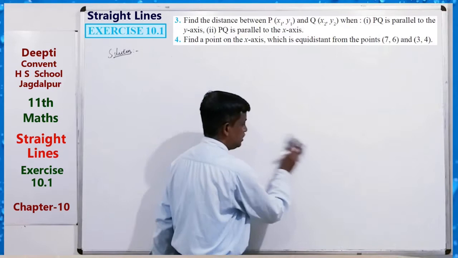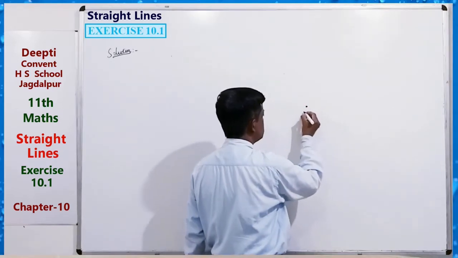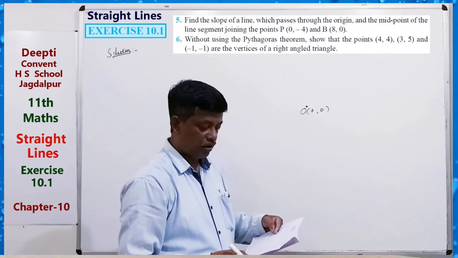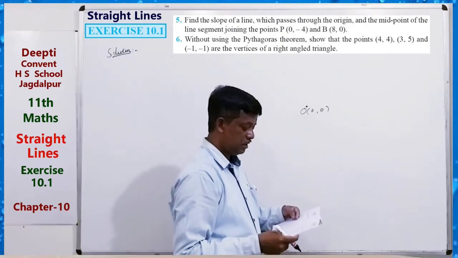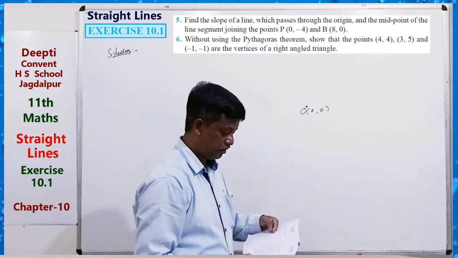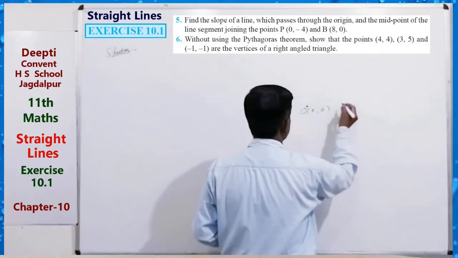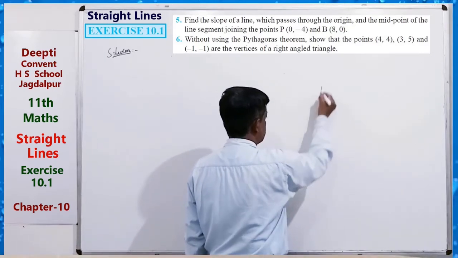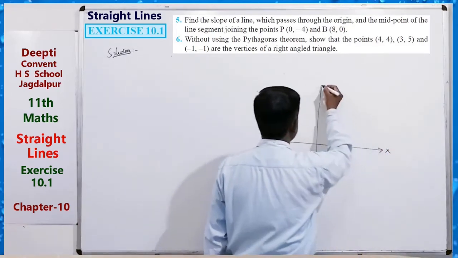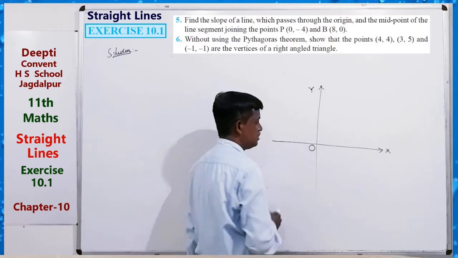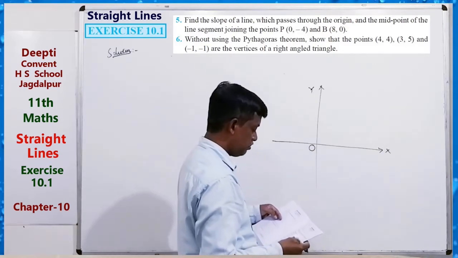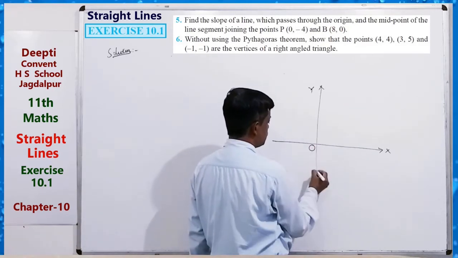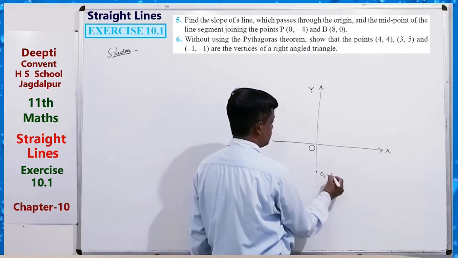Here it is given that this is the origin (0, 0), and the midpoint of the line segment joining P and B. Suppose this is our diagram: x-axis, y-axis, and this is the origin. One point P is (0, minus 4), sorry, 0 minus 4, which is here on the y-axis.